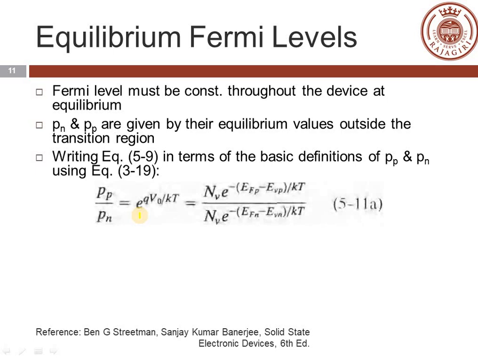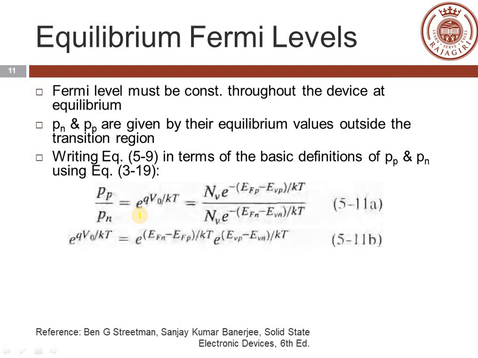So for pp we will be writing NV into e to the power minus EFP minus EVP by kT. We have a suffix of p to indicate the p region, and for pn we will give NV into e to the power minus EFN minus EVN divided by kT. The suffix of n is given to indicate the n material.